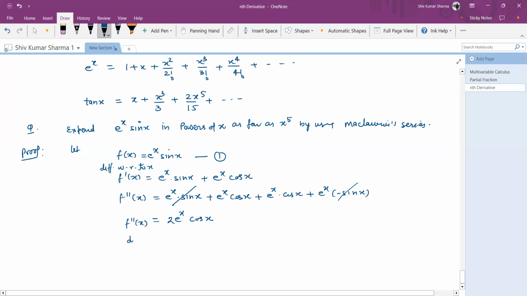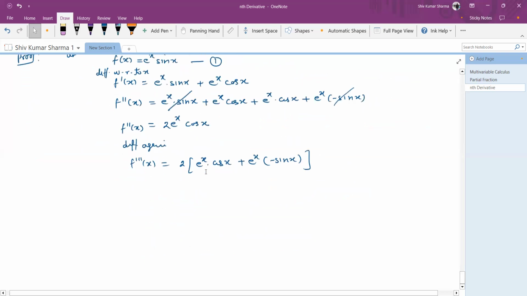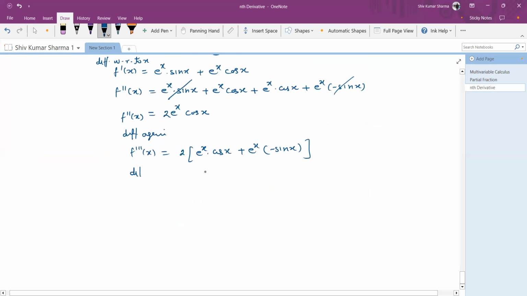Now differentiate again. So we have f triple dash x is equal to 2 e raised to the power x into cos x plus e raised to the power x into minus sin x. So this is the third derivative. Now differentiate again.